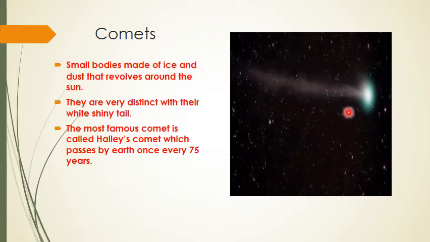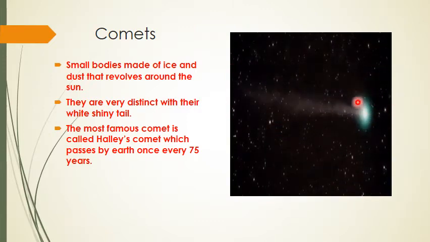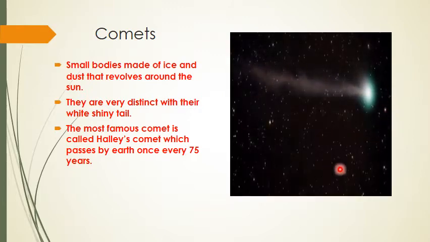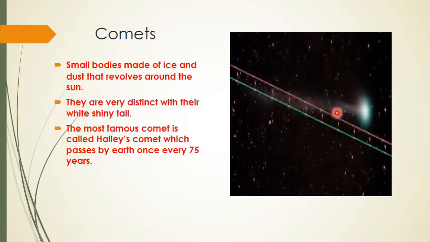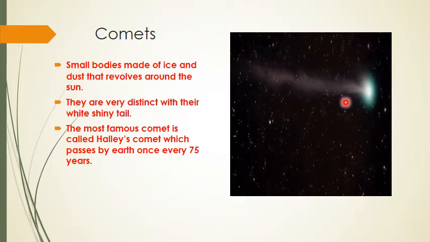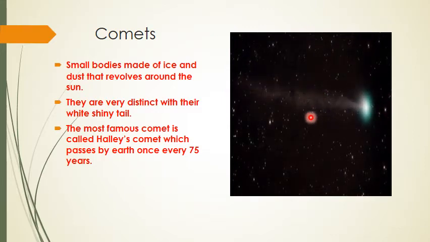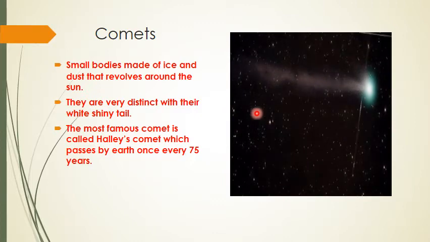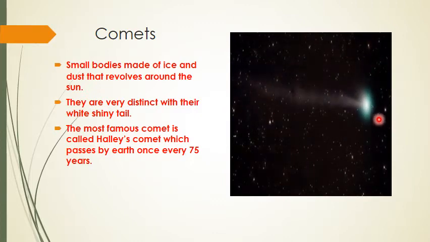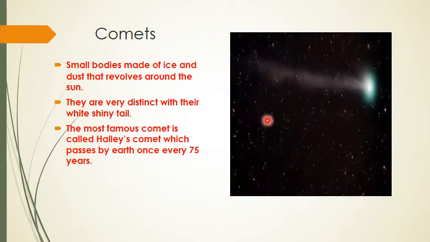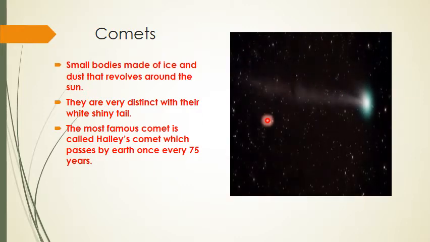When they come closer to the sun, because as I told you, they are made of ice and dust, the ice inside this ball starts to melt, and while it's moving, the melting ice starts to follow the main ball, and that is what causes the distinct white shiny tail.